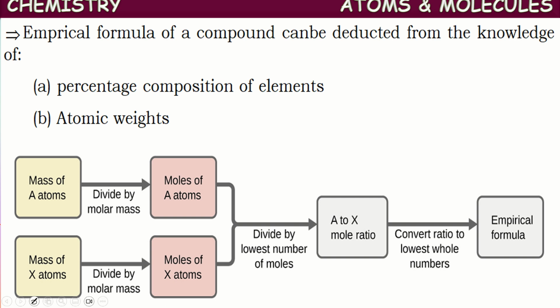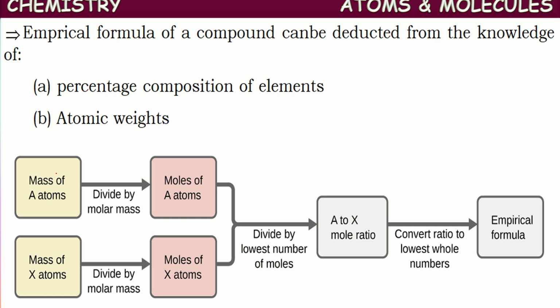The steps are given in the form of a flowchart. First, mass of A atoms, mass of X atoms. Within a molecule, two types of atoms are there: A element atoms, X element atoms. That is why we need to take the mass of A atoms and the mass of X atoms.